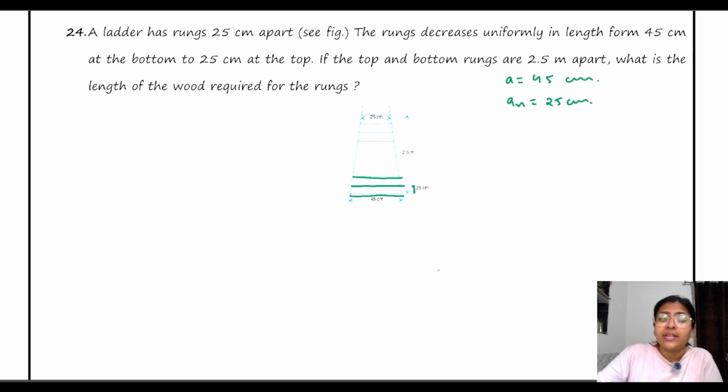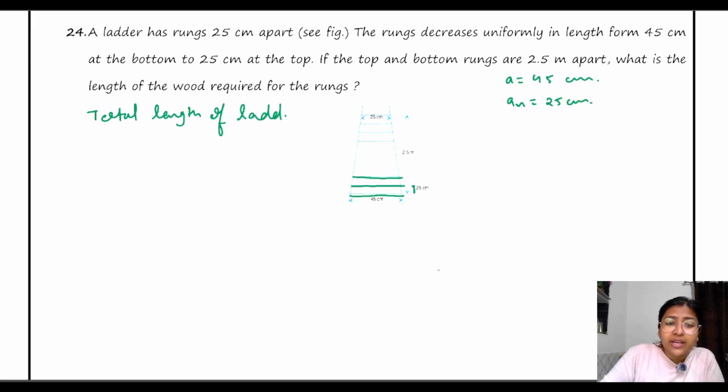Can you calculate it? The distance between the top and the bottom rung is given as 2.5 meter. That can be written as 250 centimeter, yes or no? This is clear.